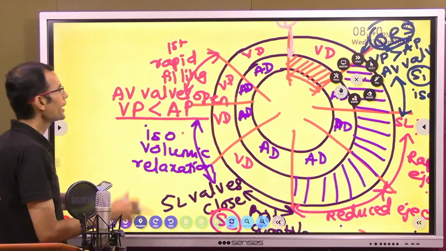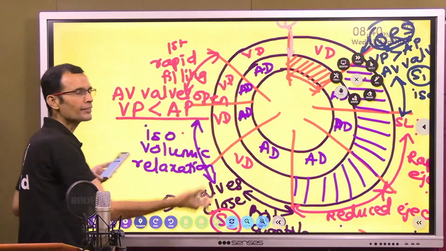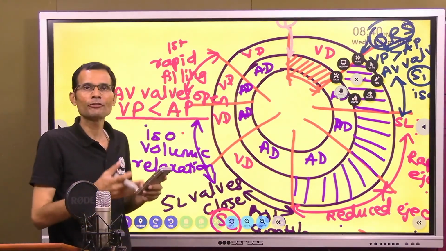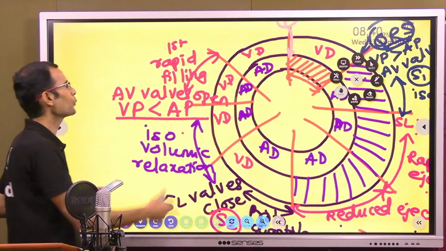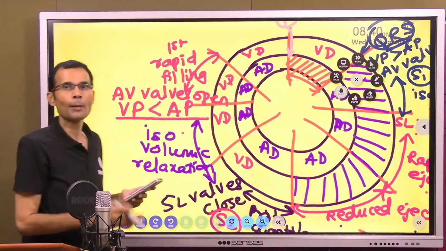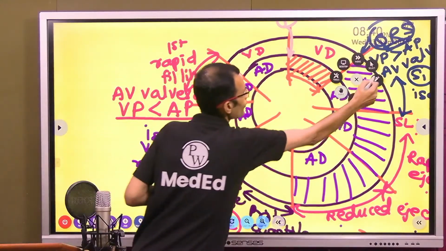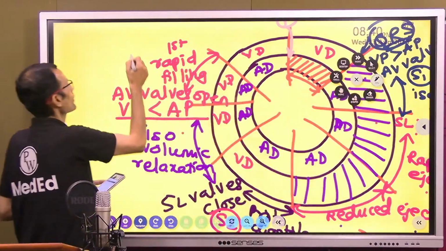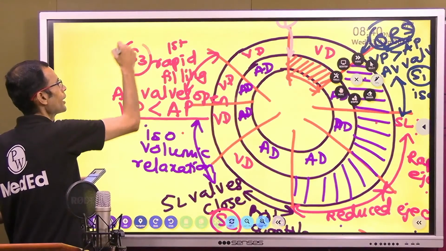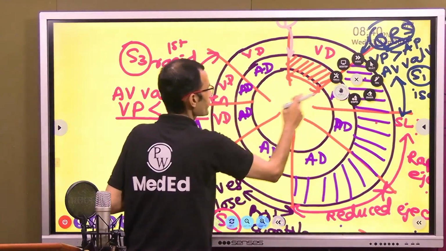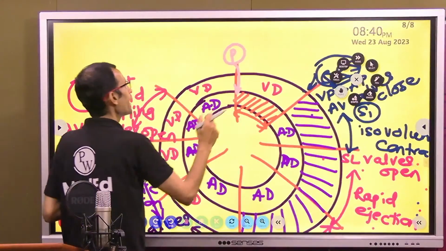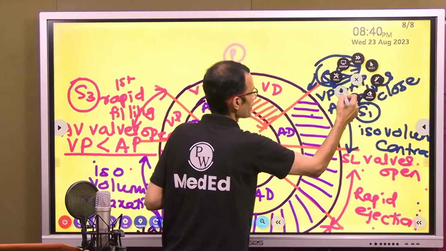Therefore, as soon as the AV valves open, there will be a first gush of blood from atria to ventricle. That's called the first rapid filling, and this first rapid filling produces a sound called S3, the third heart sound.